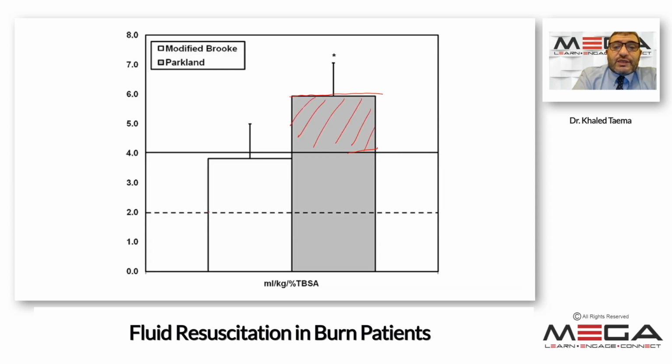The actual fluid administration in the Brooks formula was near the 4 milliliter per kg of the projected or calculated volume according to the Parkland formula. These volumes represented an over-resuscitation compared to the estimated formula, and they form what's called by some authors the fluid creep during burn resuscitation.